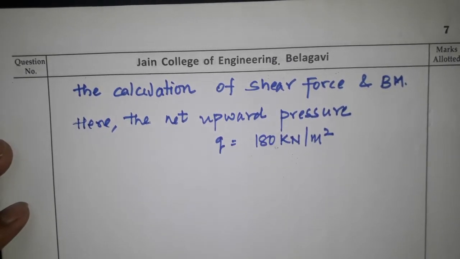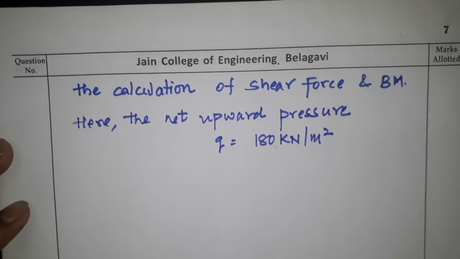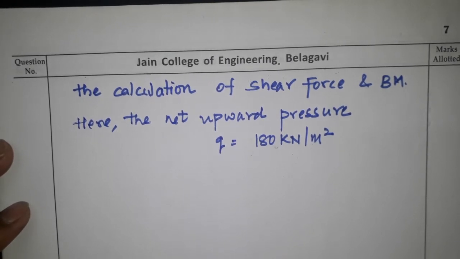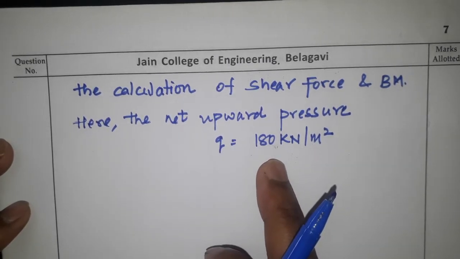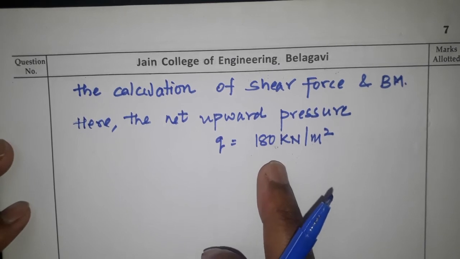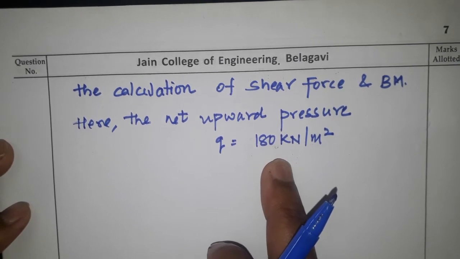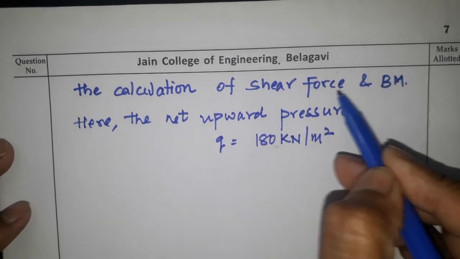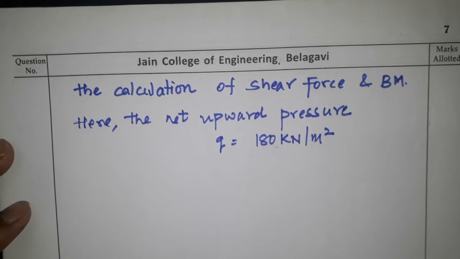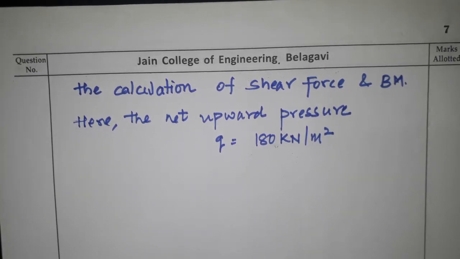Understood? It is nothing but the upward load, the load acting below the footing. So we should have the loading diagram for the calculation of shear force and bending moment.